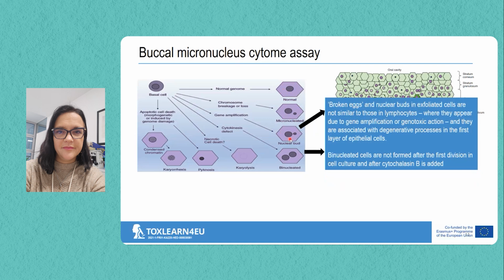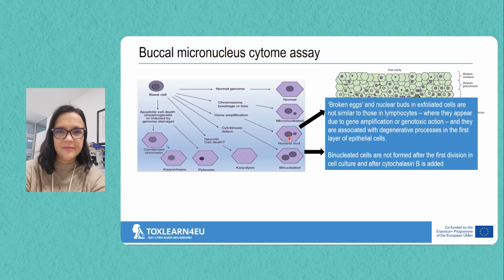Those two structures, as I have already told you, in differentiated cells, you don't have the cell division anymore. So this DNA damage is not the result of unrepaired DNA damage after the first cell division.